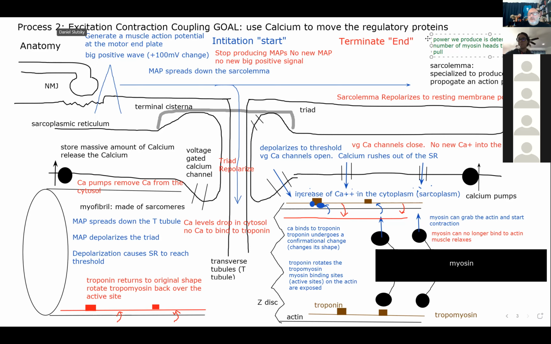And what's something we learned about that is really sensitive to pH changes? What macromolecule did we learn about that is super sensitive to pH changes? Come on, guys, it's a cumulative class. Proteins, absolutely proteins.